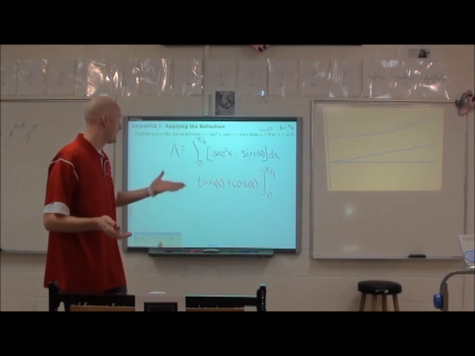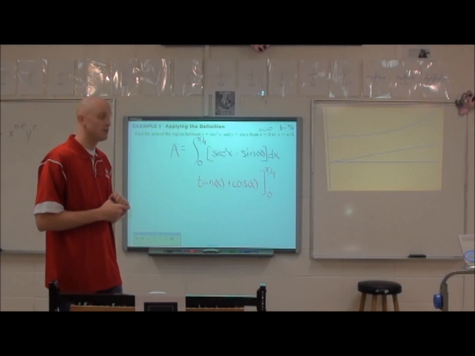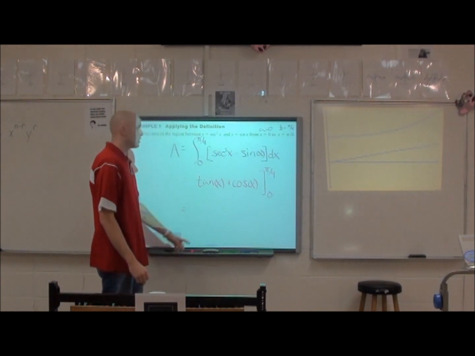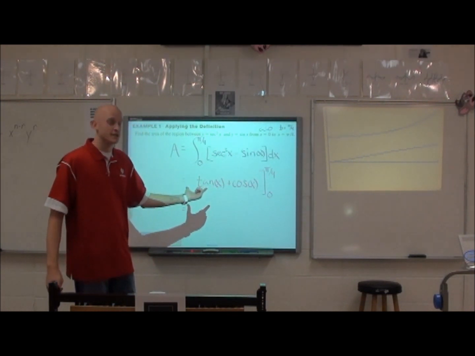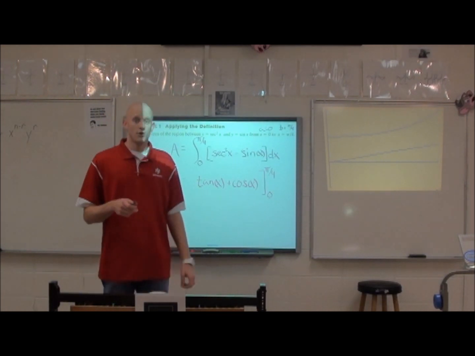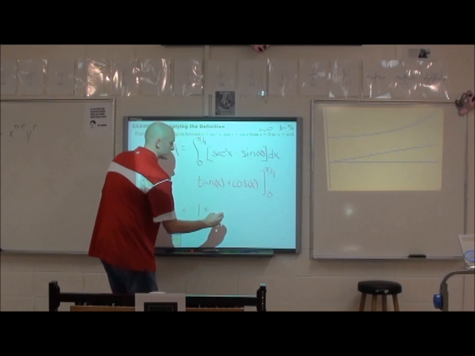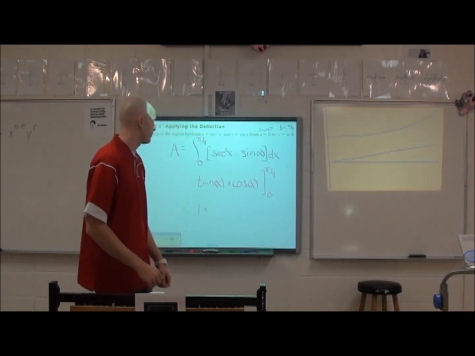Now, we'll go ahead and simplify from there, and we should be absolutely fantastic. So simplifying, we will take pi over 4, the upper limit, and insert it into our expression. Tangent of pi over 4, you know, is a value of 1, plus cosine of pi over 4 is square root of 2 over 2.